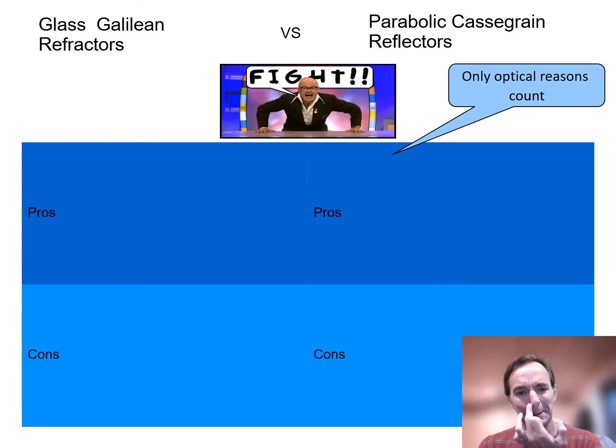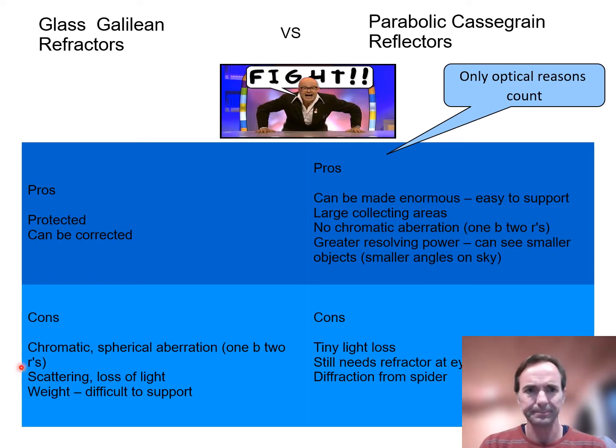Just recapping what those pros and cons are. Your glass Galilean refractors, you can protect them, you can correct for spherical and chromatic aberration, but really there's an awful lot of cons on those as well. Reflector pros: can be enormous, large collecting areas, no chromatic aberration, and then greater resolving power. We'll come back to resolving power.